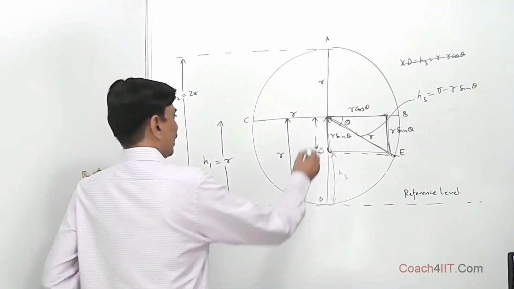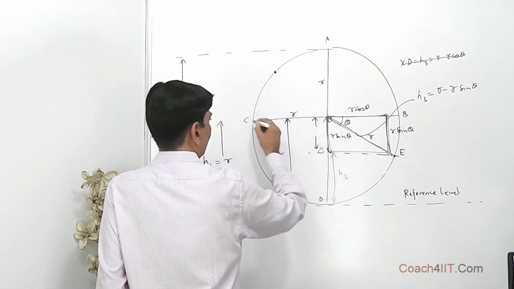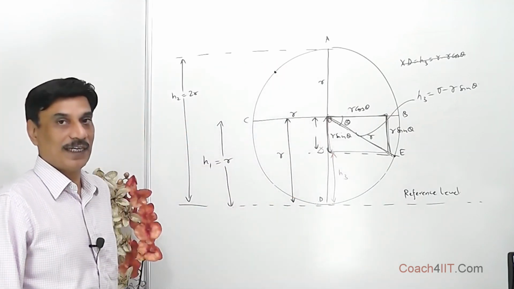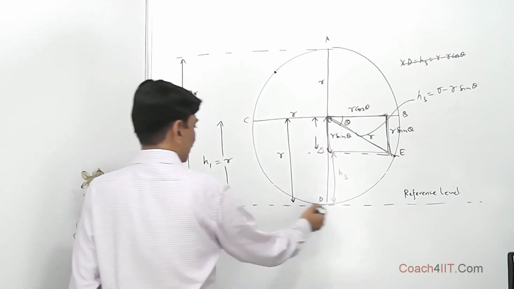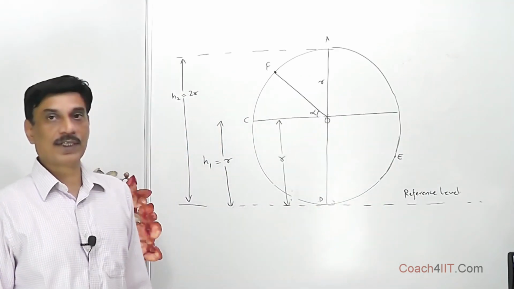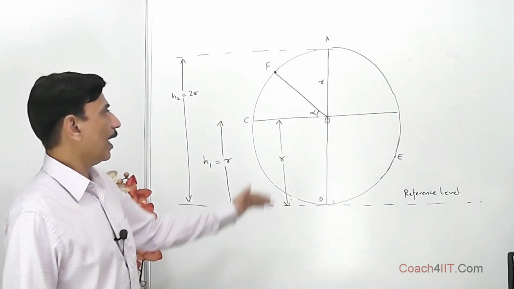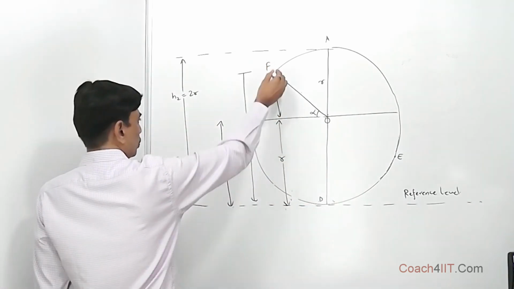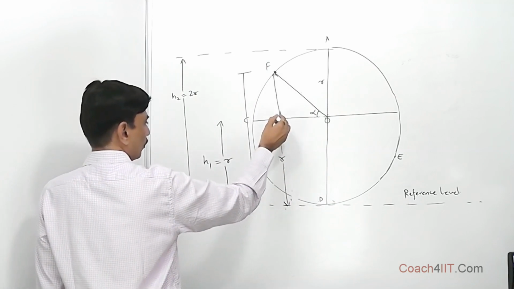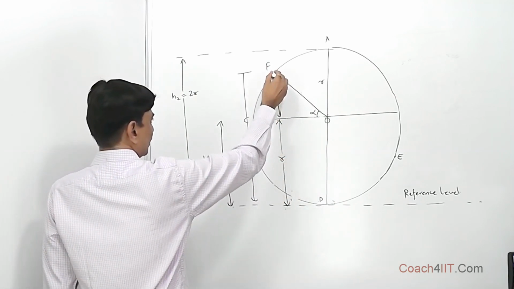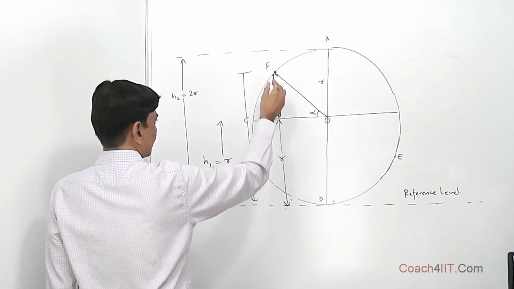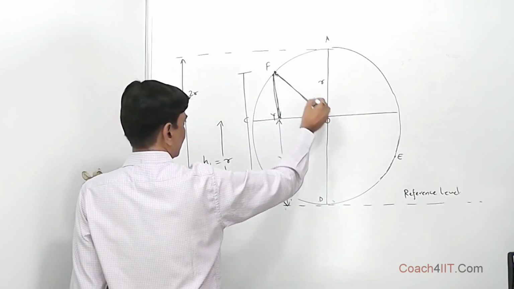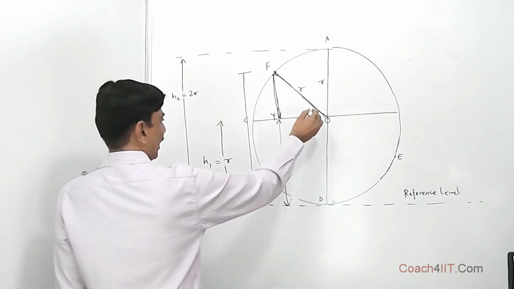Now, if the point is above this level, that is above R, then what is the height of that point from the reference level? Let's say we have to find the height of point F. This total height is R, from here to here, plus this part. Call this point Y. From here to here is the length of the string, that is R, and this angle is alpha.